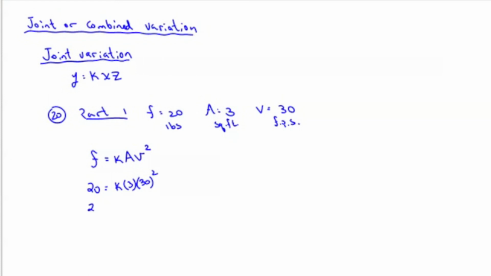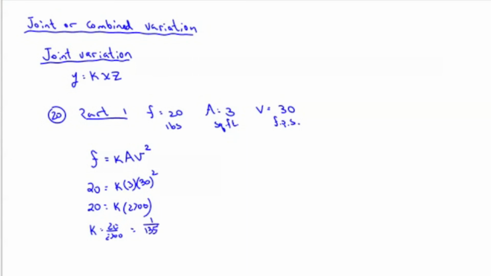So we get 20 is equal to K times 2700. Divided by 2700, you're going to get K is equal to 20 over 2700, which reduces down to 1 over 135.